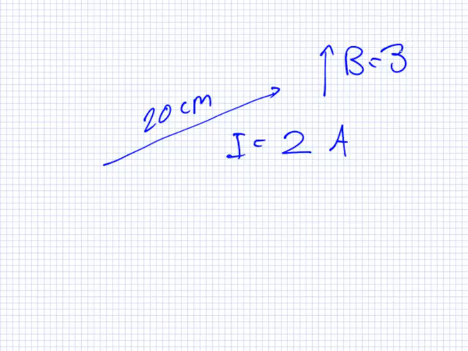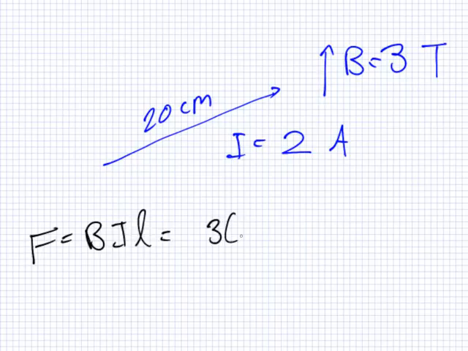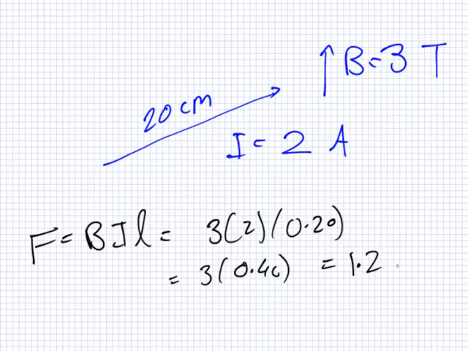It's Tesla. So the force equals BIL, which will be 3 times 2 times 0.20, which will be 3 times 0.40, which will be 1.2 newtons.